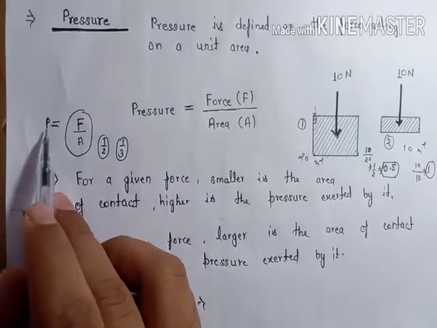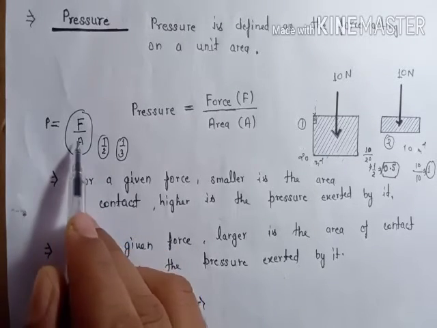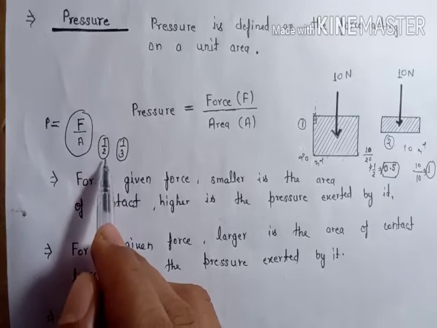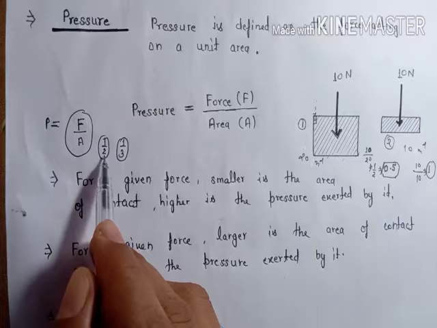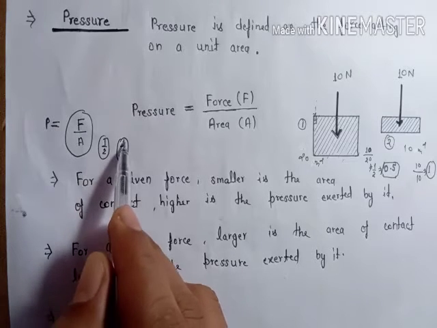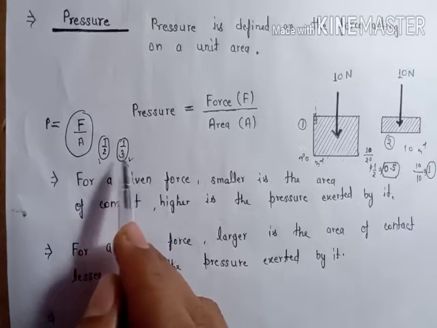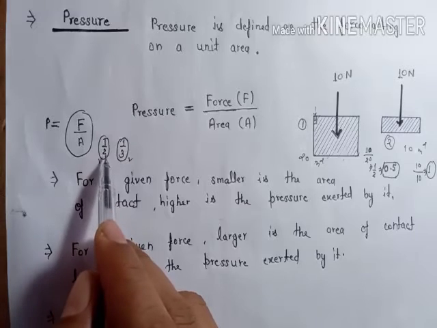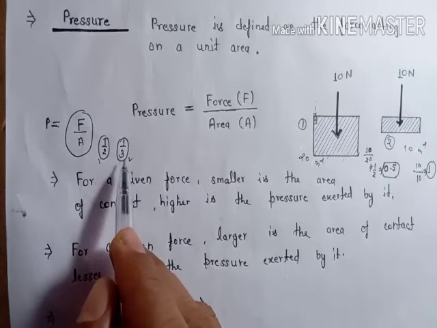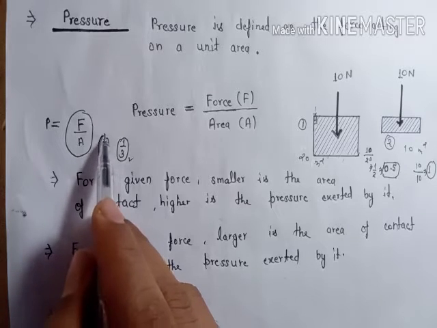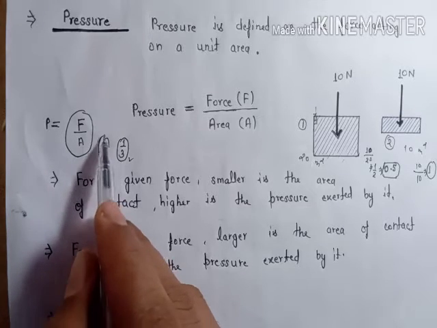We have pressure equal to force upon area. Just write a fraction, 1 upon 2. What if I increase the denominator, so that it becomes 1 upon 3? Which one is greater, 1 upon 2 or 1 upon 3? 1 upon 2 is greater than 1 upon 3. So in any fraction when you increase the denominator, the value of the overall fraction decreases.